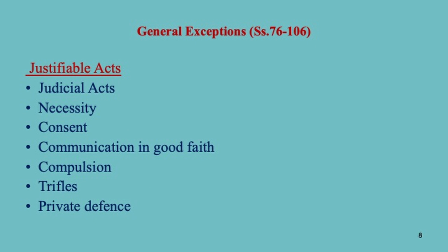It also includes those which, when present, would justify the acts of the accused, like judicial acts, acts of necessity, acts done on consent, acts done under compulsion, communications made in good faith, acts of trivial nature, and acts done in exercise of the right of private defense.